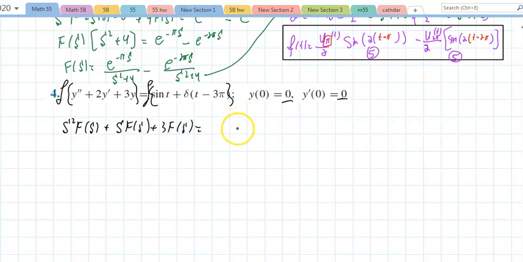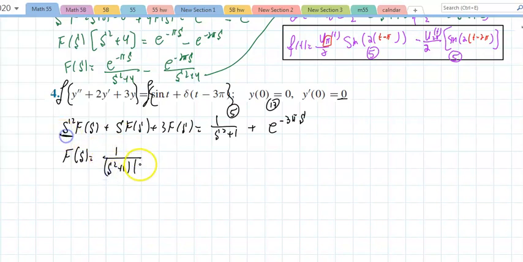And when I apply the Laplace on a sine, I'll get 1 over s squared plus 1, and this is by 5, I just did that, plus, if I apply the direct by 17, which is what this section is all about, this is going to simply give me e to the negative 3 pi s. And now if I factor an F of s, I will get 1 over s squared plus 1 times s squared plus s plus 3.